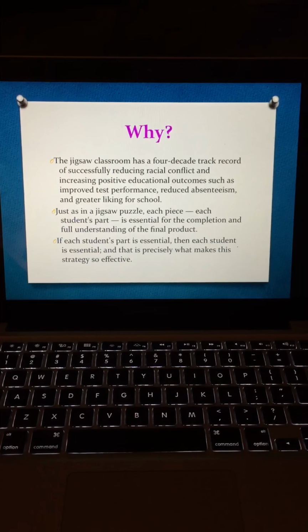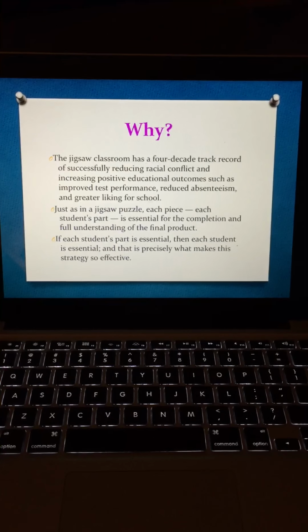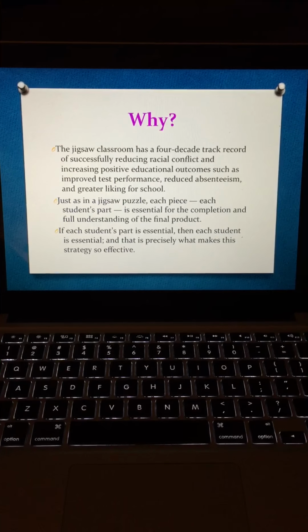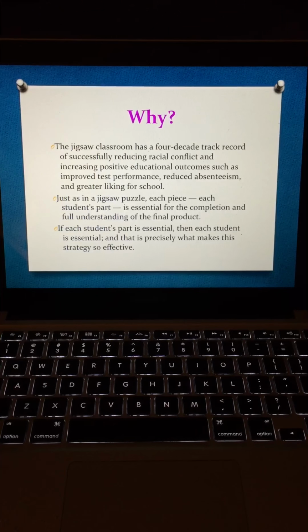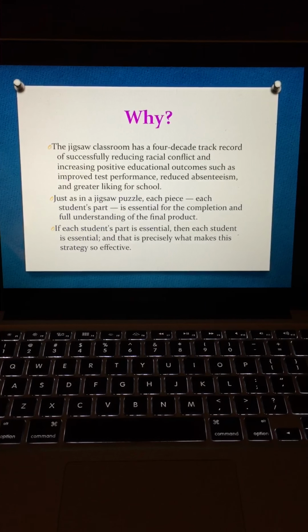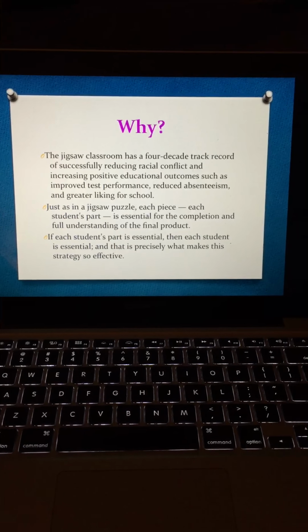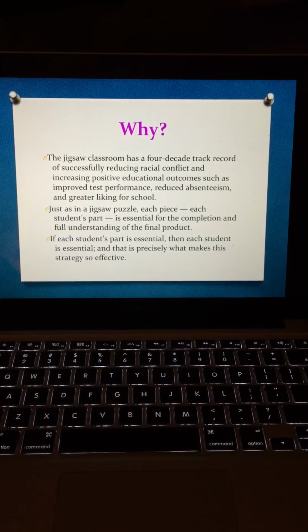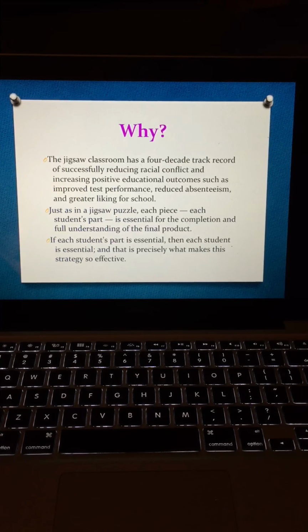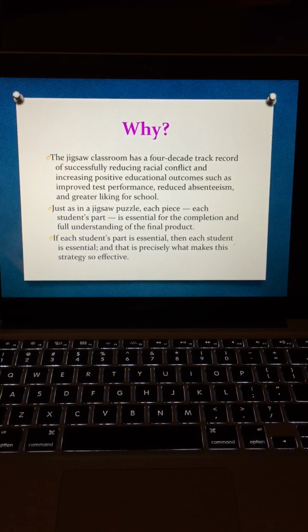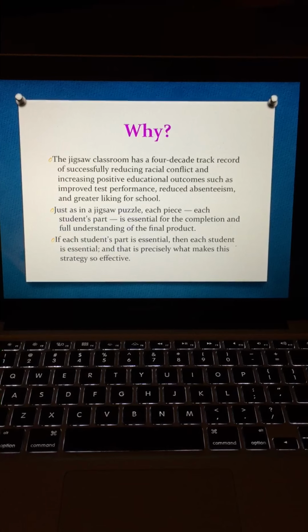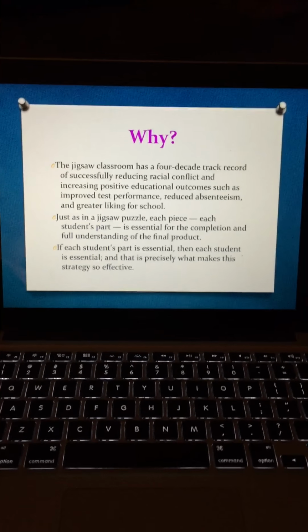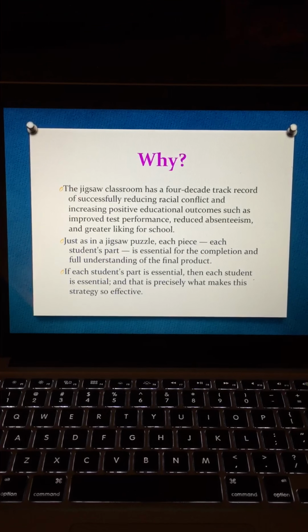Why should teachers use the Jigsaw technique? The Jigsaw classroom has over 40 years of experience of successfully reducing racial conflict and increasing positive educational outcomes. Students have had improved test scores and performance, reduced absenteeism, and an overall greater liking for school.